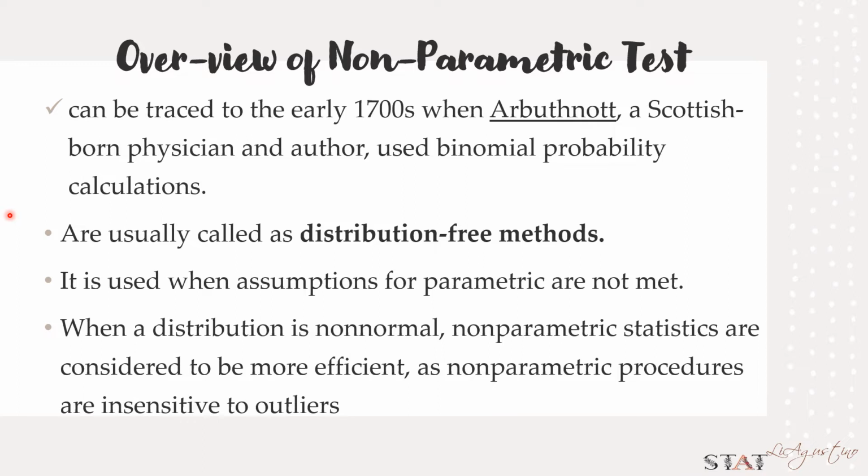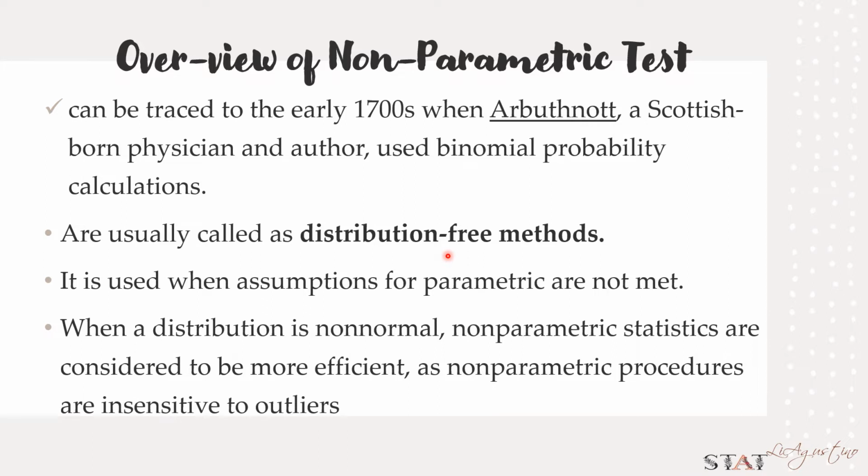So let's have an overview of non-parametric tests. It can be traced to the early 1700s when Arbuthnot, a Scottish-born physician and author, used binomial probability calculations. These are usually called distribution-free methods.